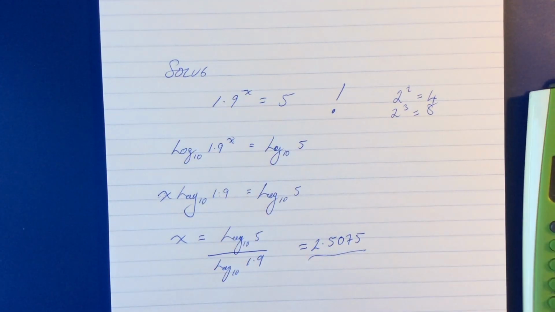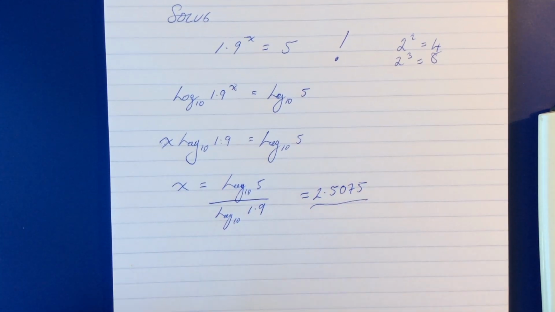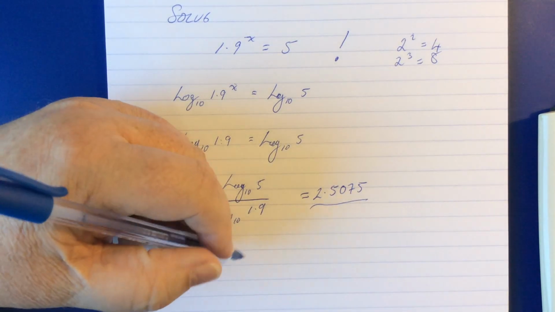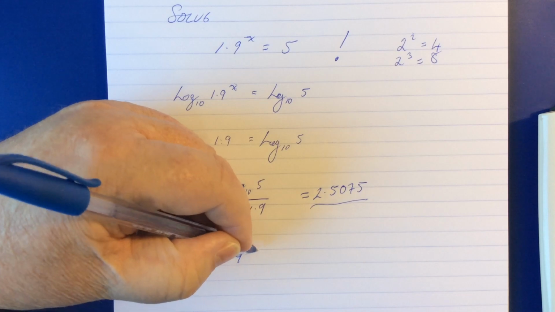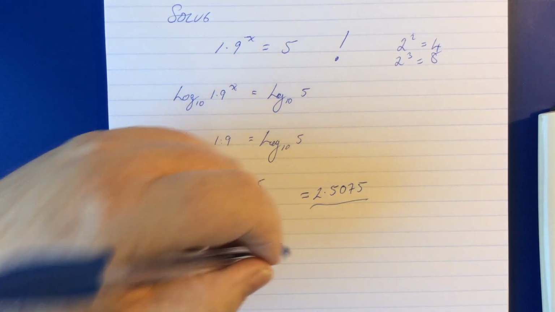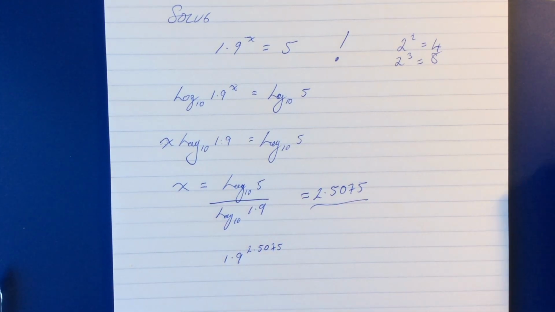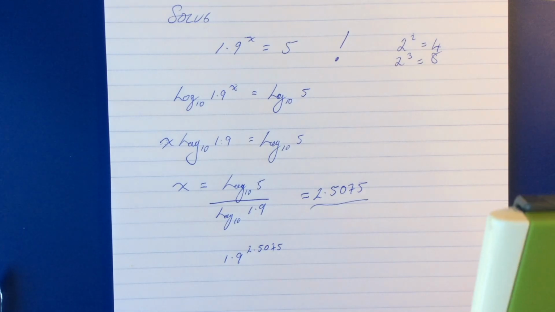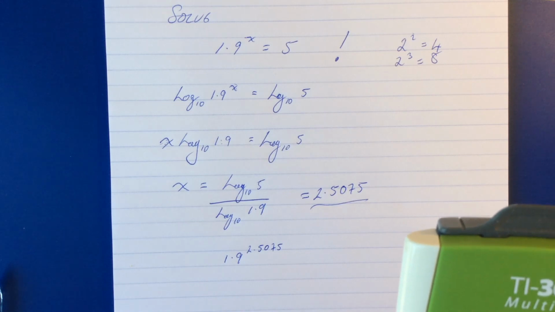My guess was around 2.5. It's not a bad guess. Now, we're going to put this to the test. We're going to raise 1.9 to the power of 2.5075, and what we should get is approximately 5. I've done some rounding here, so it's not going to be absolutely perfect, but here goes: 1.9 raised to the power of 2.5075.